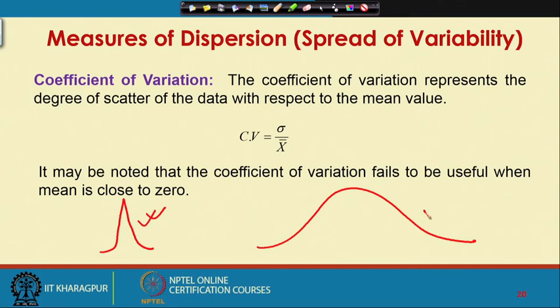Here the spread or scatter of data around mean is high. So, the coefficient of variation is low here, the coefficient of variation is high here. Here most of the data are centered around mean, here most of the data are not centered around mean.